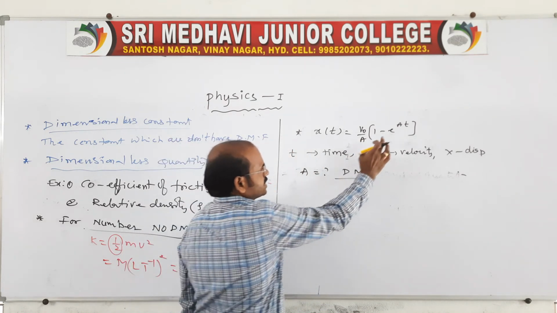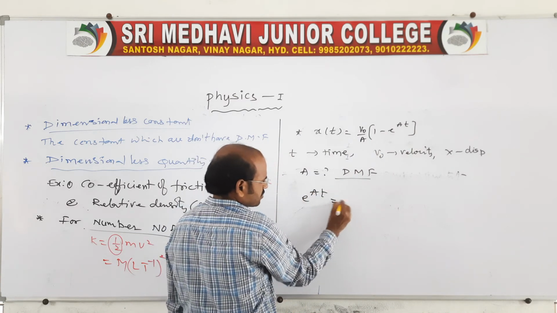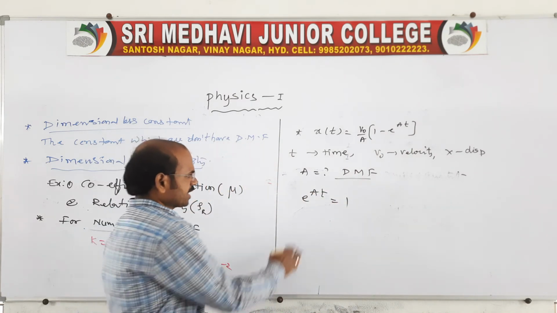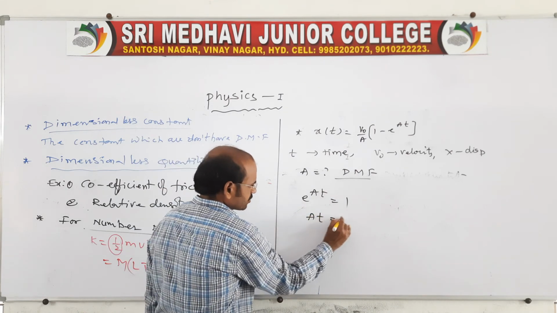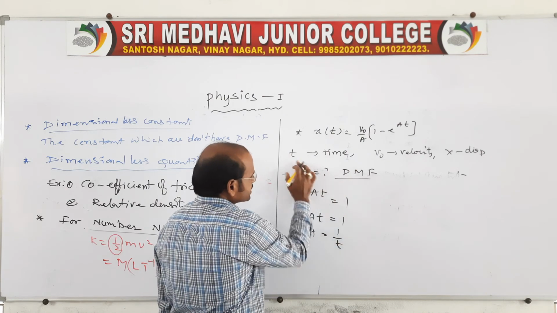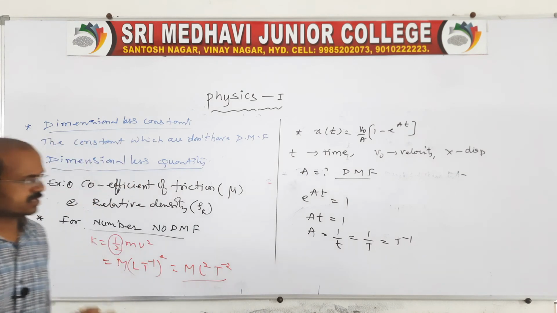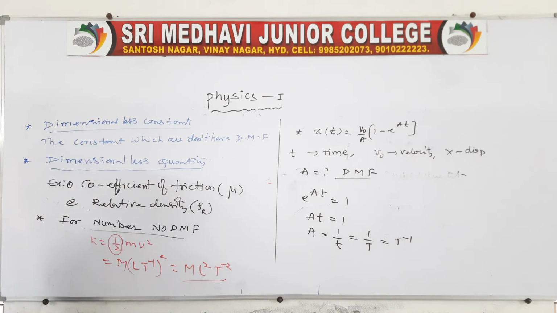Here e power at is an exponential, so take e power at as 1, and the power at is also equal to 1. We are asked for a: it is 1 by t, but t is time, therefore a is t power minus 1. This is the way we should approach exponential functions. If any exponential function is given, we derive it like this.